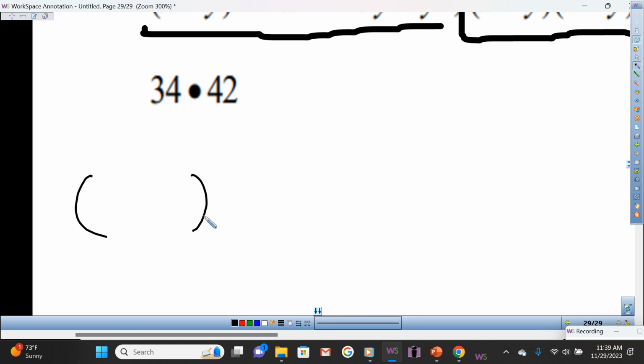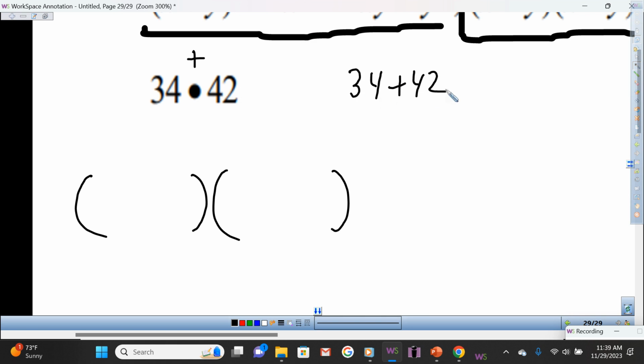Hold on. You're just paying attention. So to get started, I take the two numbers and I do addition. So I take 34 plus 42. What is 34 plus 42? That's 76. And since it's two numbers, I'm going to divide by 2, and my new number is 38.